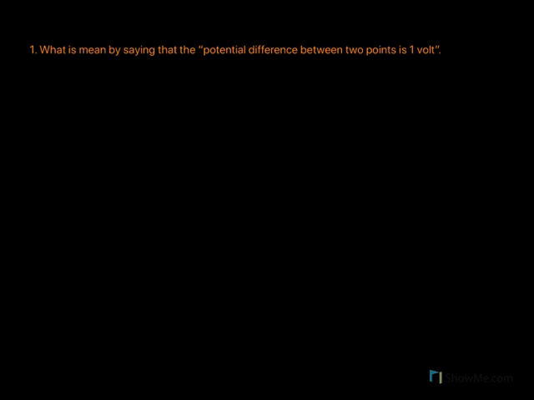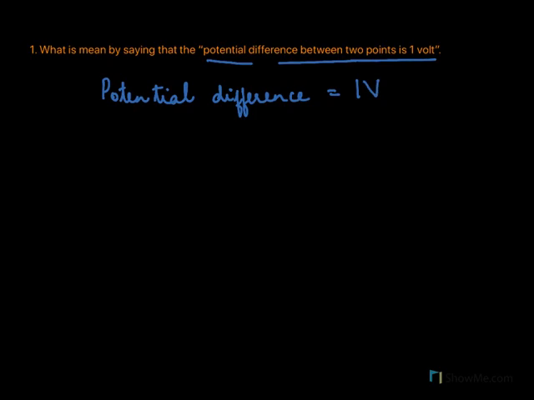What is meant by saying that the potential difference between 2 points is 1 volt? For the potential difference to be equal to 1 volt, we have 2 points, point A and point B. From point A to B, I move a charge of 1 coulomb.